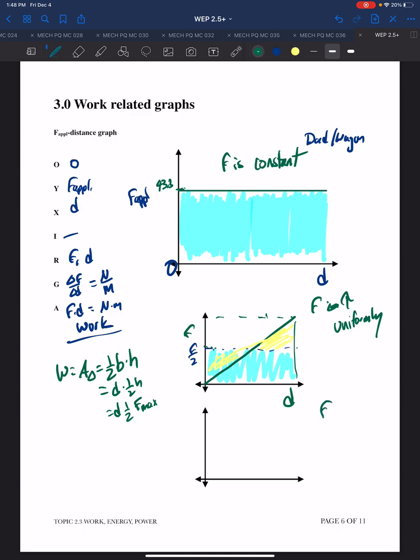Well, what happens when the force changes at a non-uniform rate? We have our force and we have our distance, and that might be something that looks like this. And of course, what we're still looking for if we want the work done is the area.